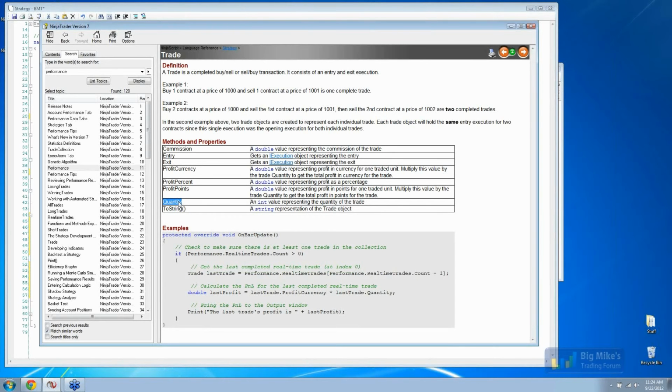Maybe you find your strategy is working well, and instead of buying 1 contract, you want to step that up to 2 contracts or something like that. Those are just some ideas I've seen people use in the past, and we're going to employ these 3 objects: the performance object, the trade collection object, and the trade object.